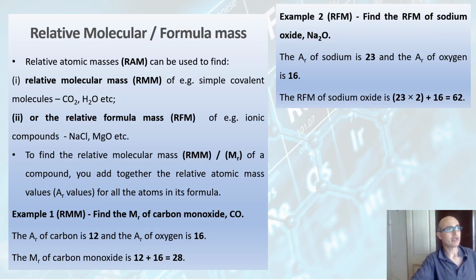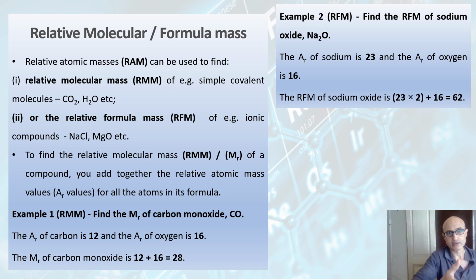In this slide, we shall for the first time use relative atomic masses to calculate both relative molecular masses and relative formula masses. Let's distinguish between the two as we go along. An example is best. Molecules that you are familiar with include carbon dioxide and water.